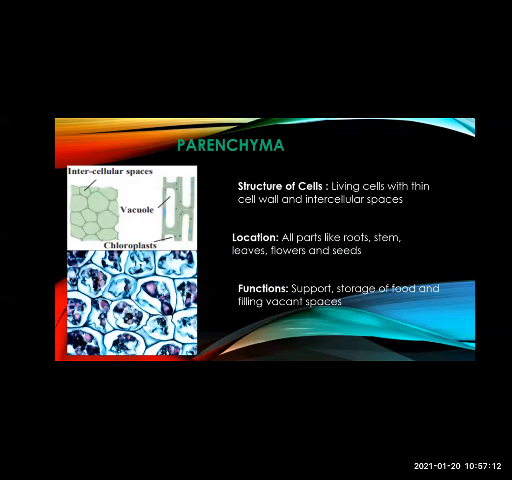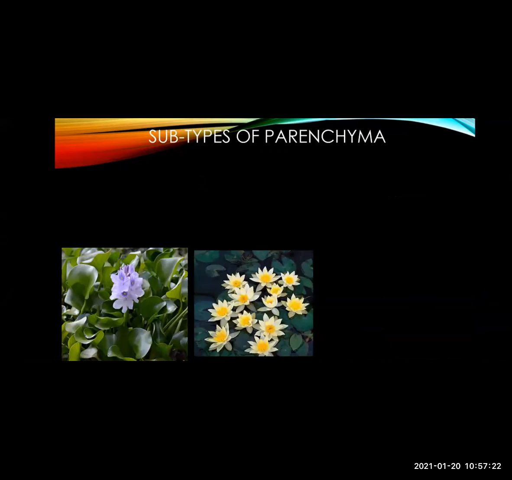Now, there are different types of parenchyma according to certain modifications. Okay, now what are they? Let us see subtypes of parenchyma. First is known as chlorenchyma. Now, what is chlorenchyma?